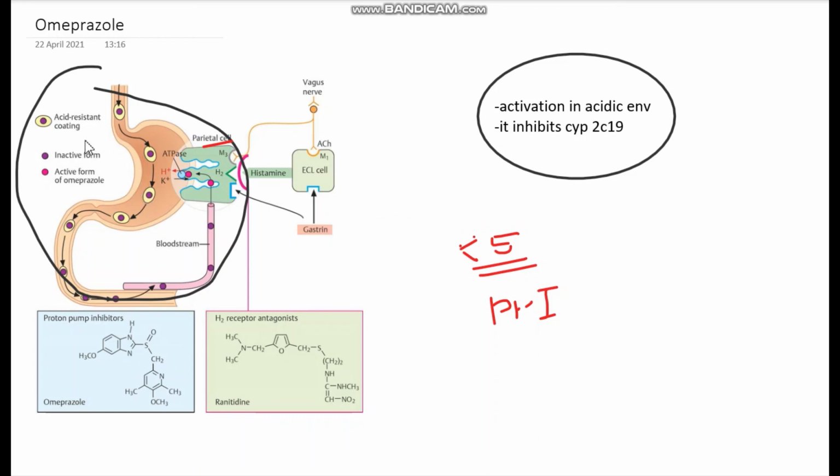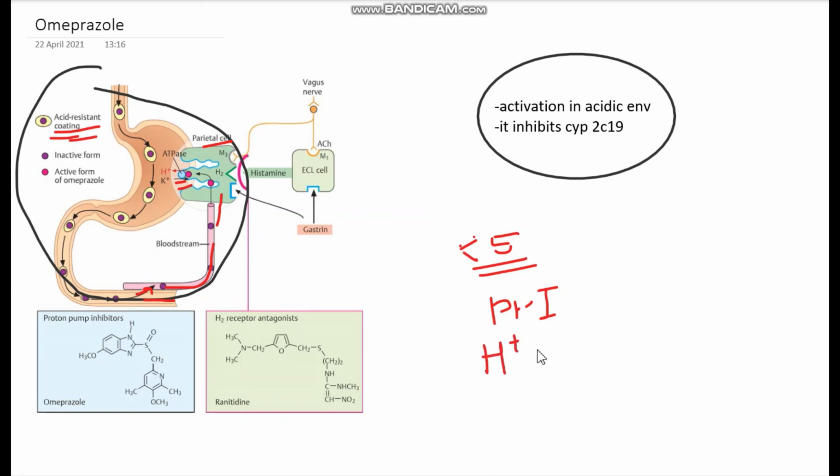So what do we do then? We put it into an acid resistant coating. It is covered in an acid resistant coating, and then it bypasses the stomach and reaches the duodenum. From there it is absorbed into the bloodstream. From the bloodstream it will reach the parietal cell, and there it will inactivate the H plus K plus ATPase pump, which is nothing but the proton pump.